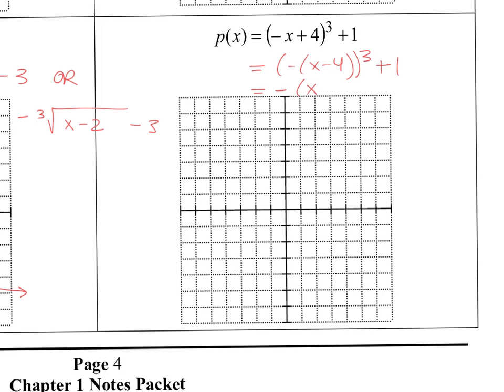So if I were to describe it, I could say reflect over the x or y axis. It wouldn't matter because the overall effect on the graph is the same. So this cubic function is going to have a point of inflection that is to the right 4 and up 1. And then instead of going up to the right, it's going to go down to the right.